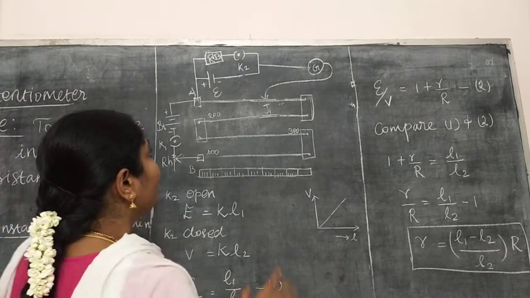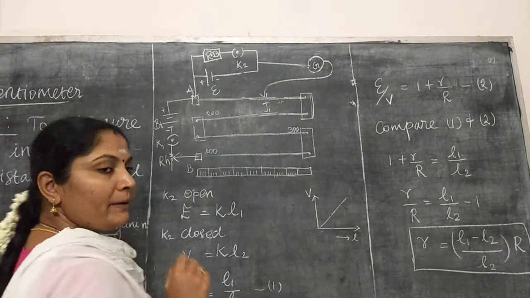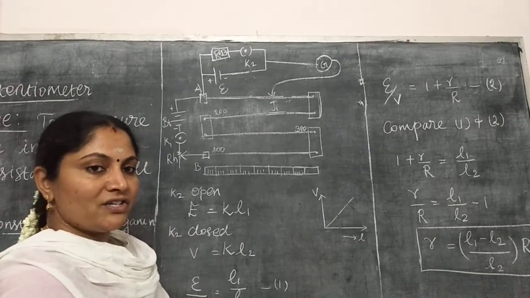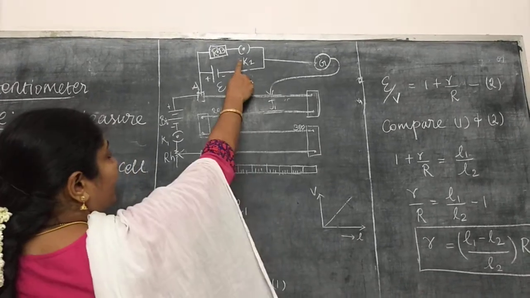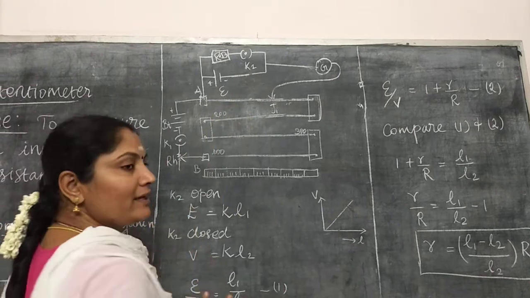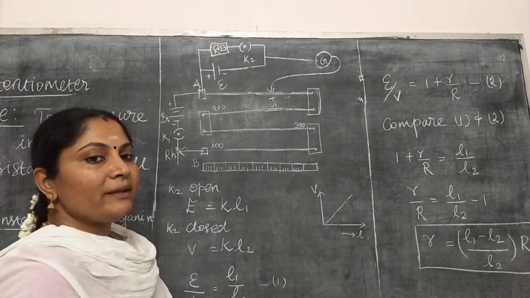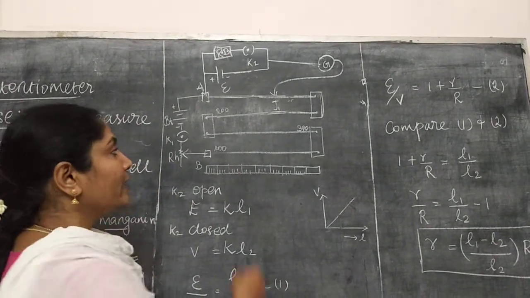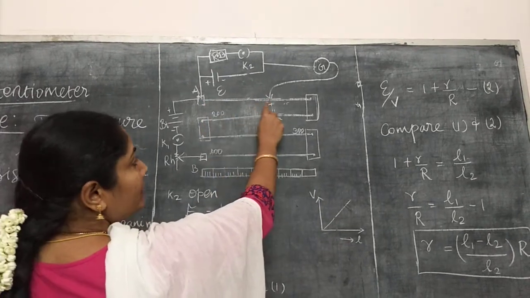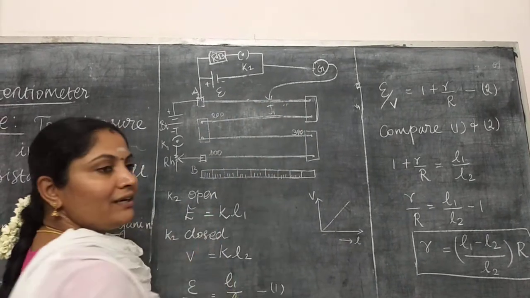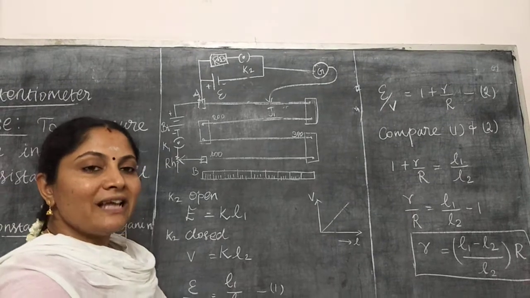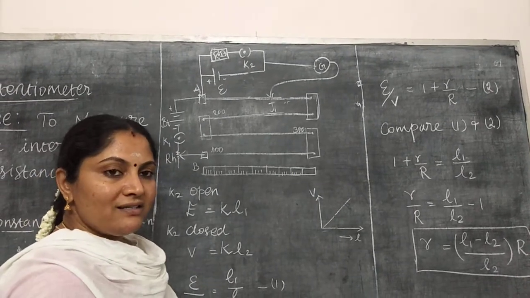So you remember, initially in the experiment we keep K2 in open condition, and at that time we measure the balancing length. I have already told you how to measure the balancing length: slide the jockey over the wire at a particular length. The galvanometer shows null deflection, that is said to be the balancing length.